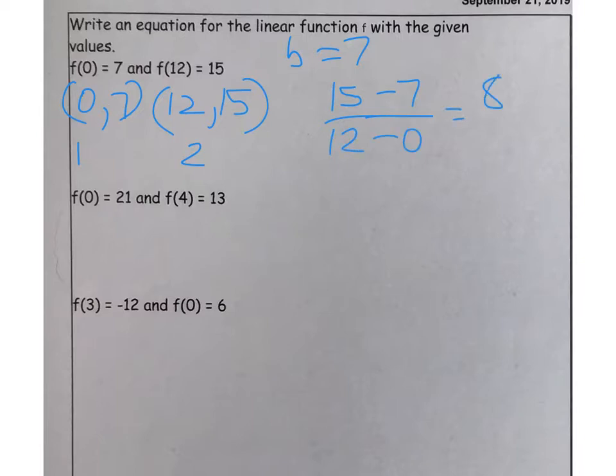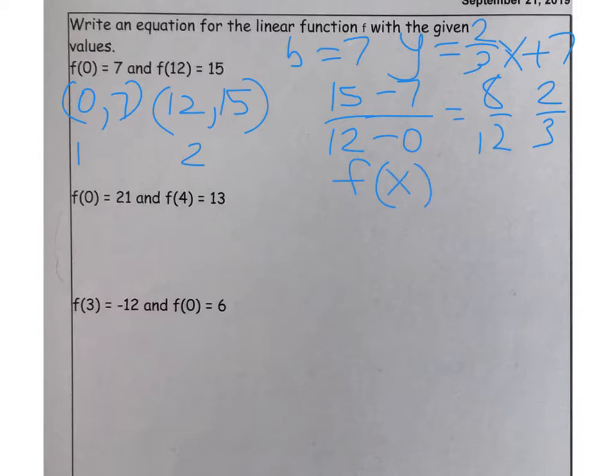It's going to be 8 over 12, which simplifies to 2 over 3. So my line is going to be y equals 2/3 x plus 7. In function form, it would be f of x is equal to 2/3 x plus 7.